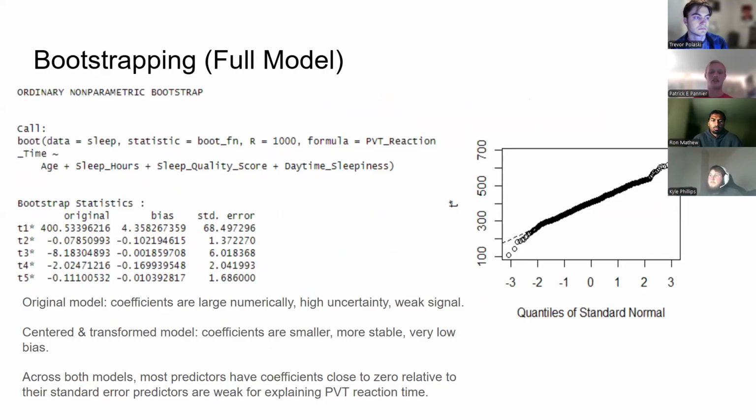So then to deal with any outliers or non-normal sampling, I bootstrapped the original full model, and all of the bootstrap confidence intervals did still contain 0, with the intercept being the only one that didn't. And as you can see from the QQ plot on the right, it did bring things way closer to the line as far as fixing normality of errors.